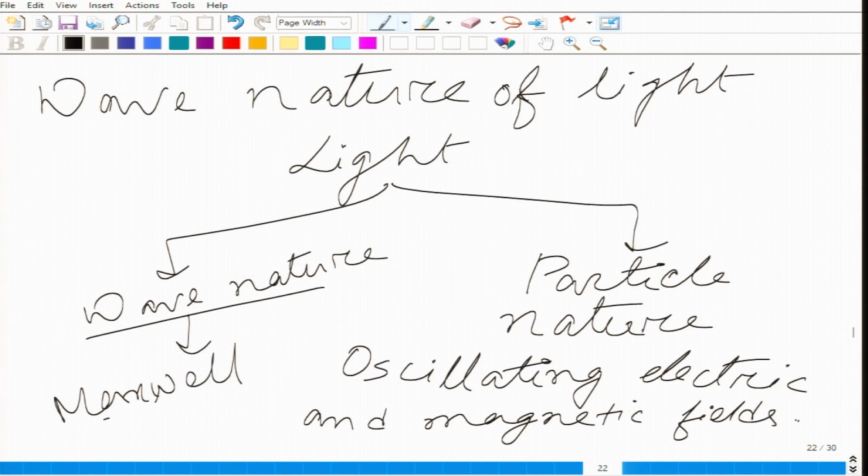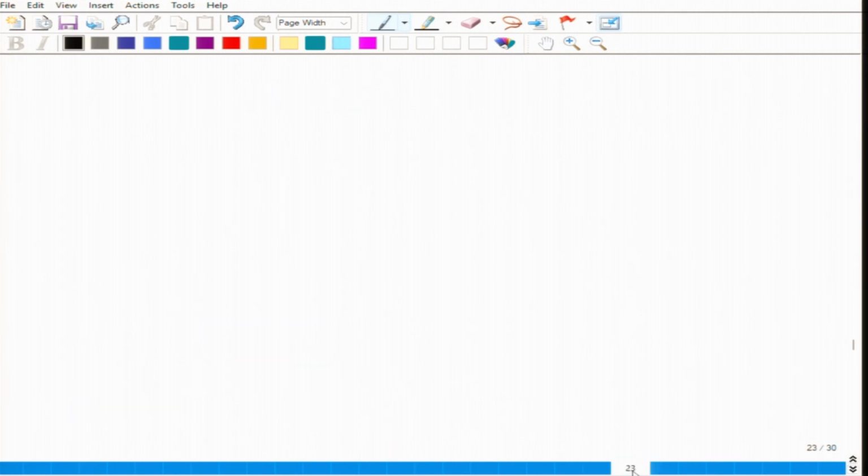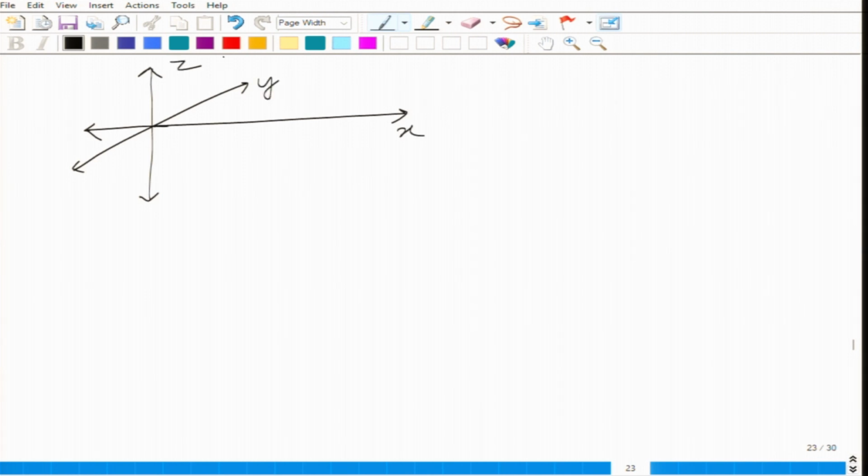So, for example, let's consider 3 axes, like this is X, Y and Z. These are the 3 axes.